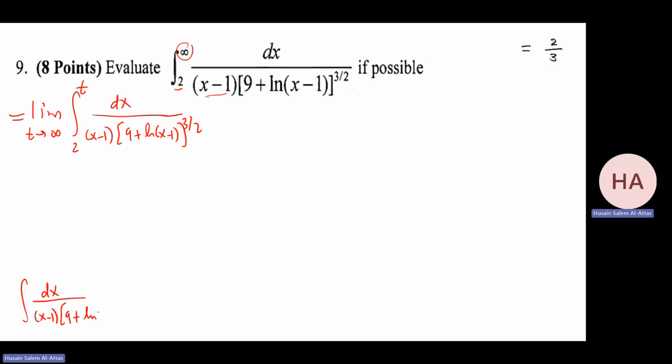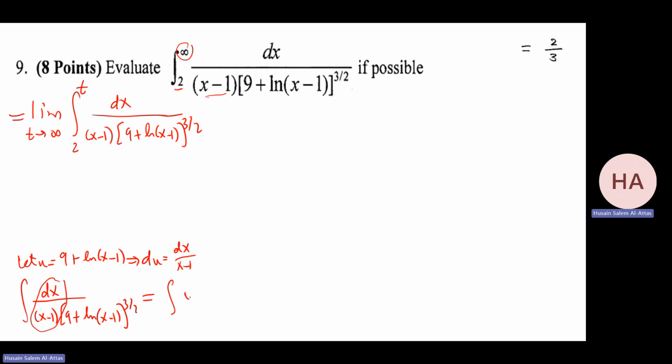9 plus ln(x minus 1) to the power 3 over 2. Let u be 9 plus ln(x minus 1). So du will be dx over x minus 1. So this integral will be what? This is du.